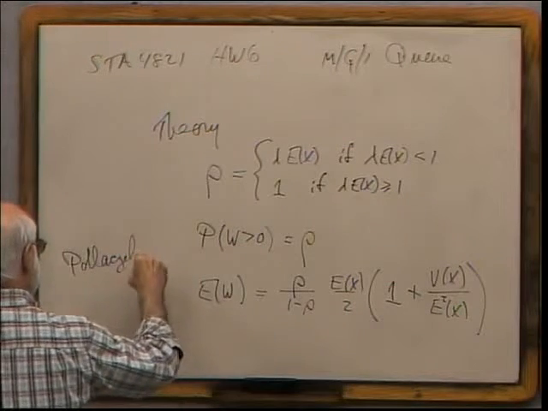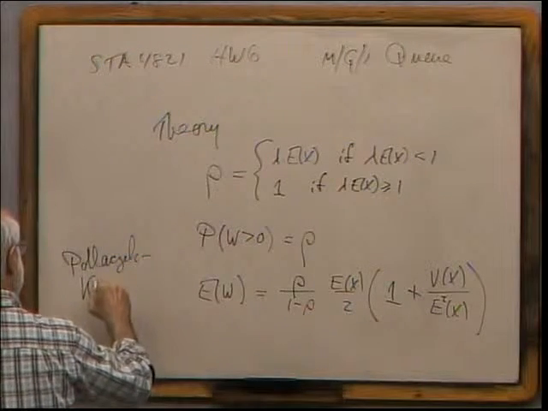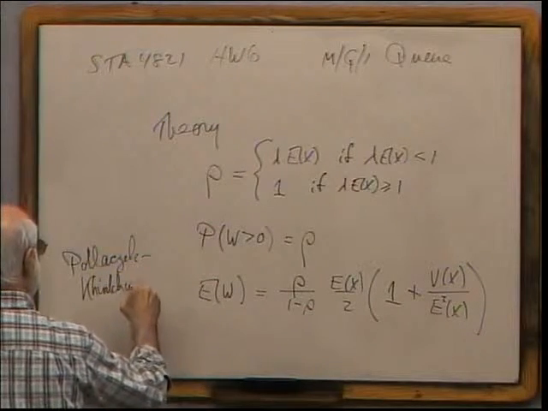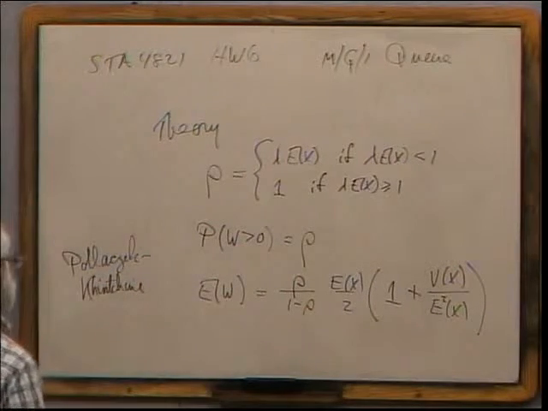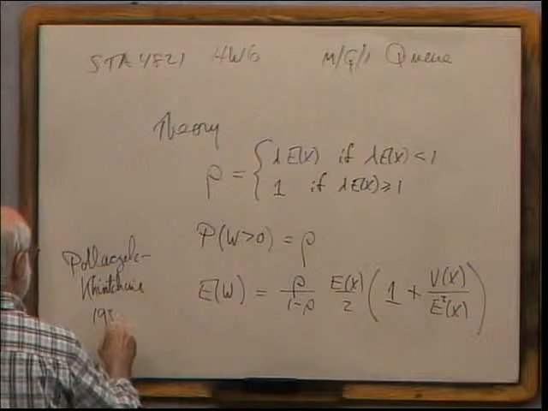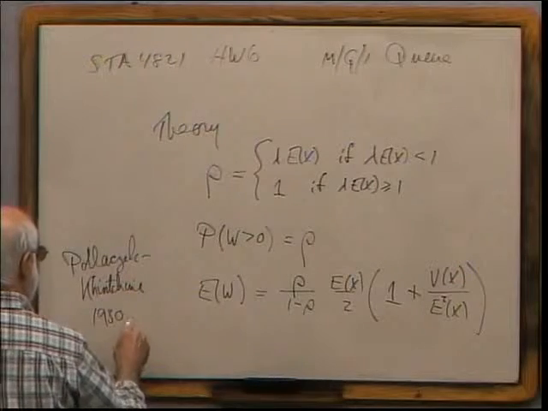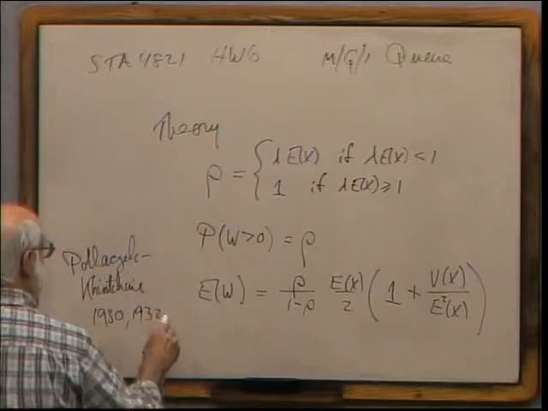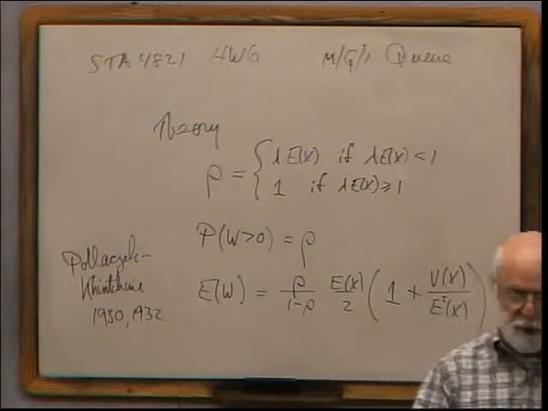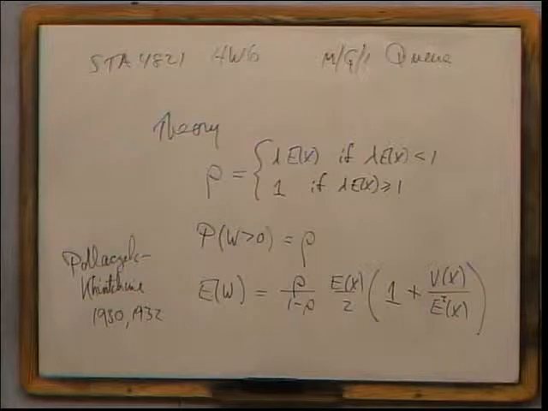Pollaczek-Khinchin, K-H-I-N-T-C-H-I-N-E, at least that's the English spelling of it. Pollaczek-Khinchin formula, and it dates from the 1930s. I think Pollaczek published his result in 30 and Khinchin in 32. Historically, this represents not just this formula, but the analysis of M/G/1, of which this is a consequence.